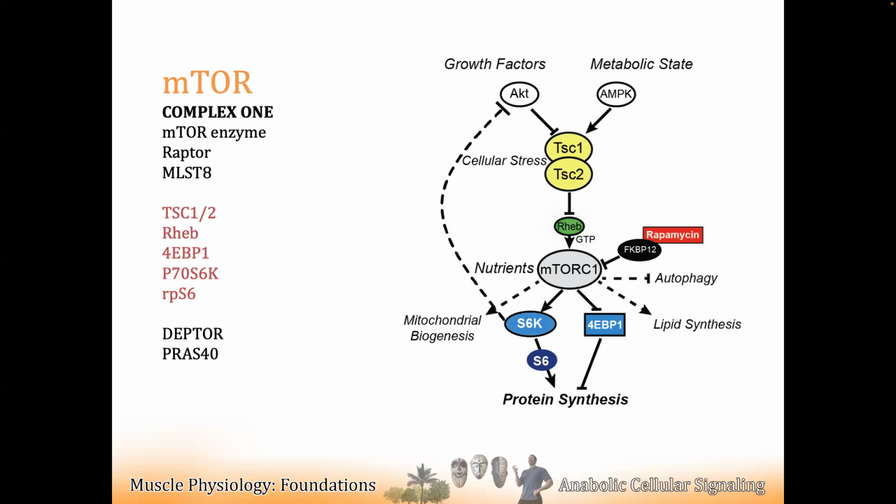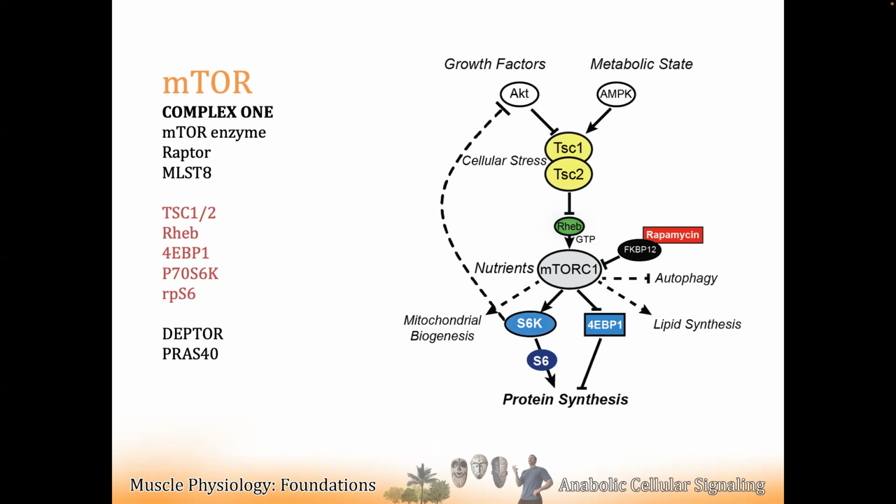Rheb, RHEB, is what actually activates mTOR at the end of this PI3K highway. It's a GTP binding protein. So when Rheb has GTP and binds to mTOR, that activates it.